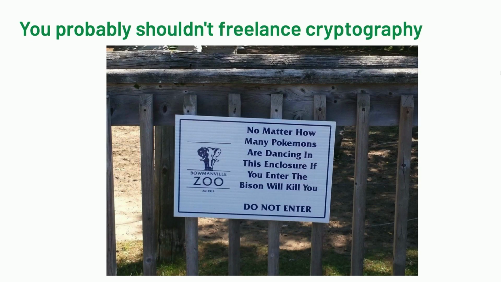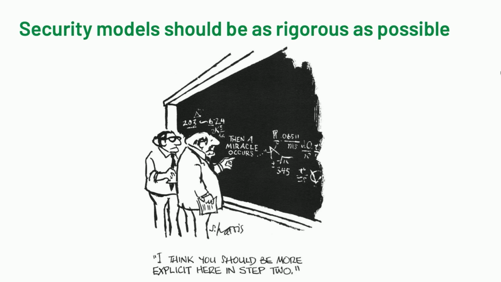All right, so just a few preliminaries before we get started. Borrowing from Thomas Ptacek, you probably shouldn't freelance cryptography, right? Which is to say, if you don't have domain expertise, be careful what you're walking into, because it could kill you. Security models should be as rigorous as possible.